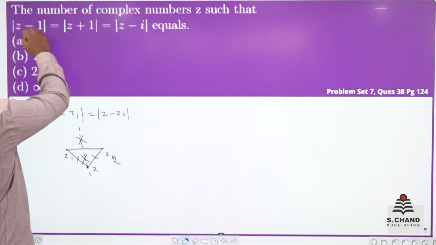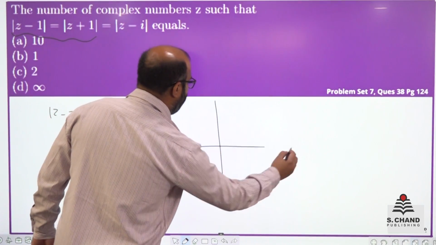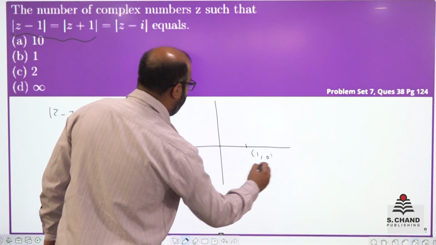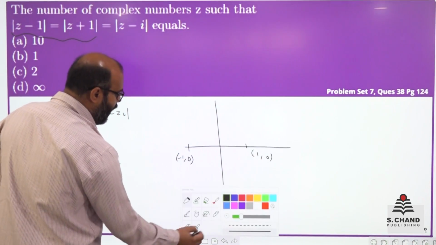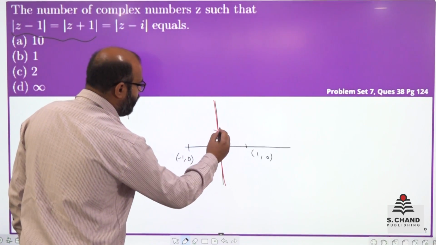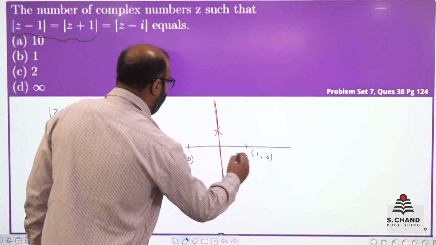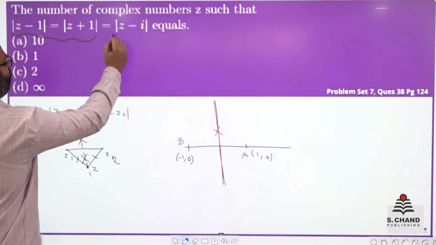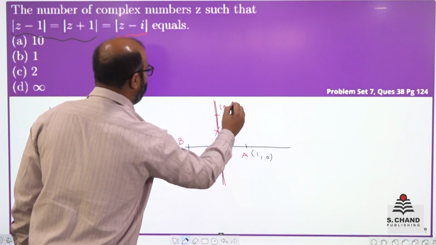So if you take this equation, then one point is 1 comma 0, another point is minus 1 comma 0, and Z will obviously lie on the y axis. This is the perpendicular bisector of this line segment AB. Now you have to take another point which is iota, 0 comma iota.